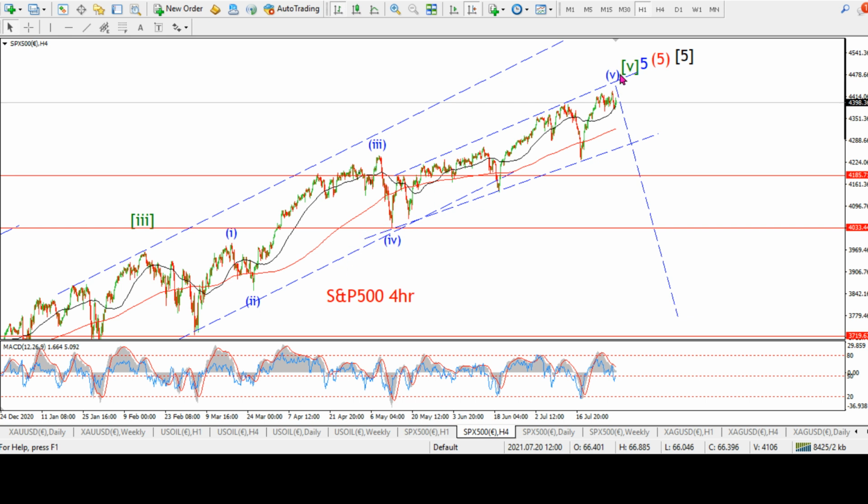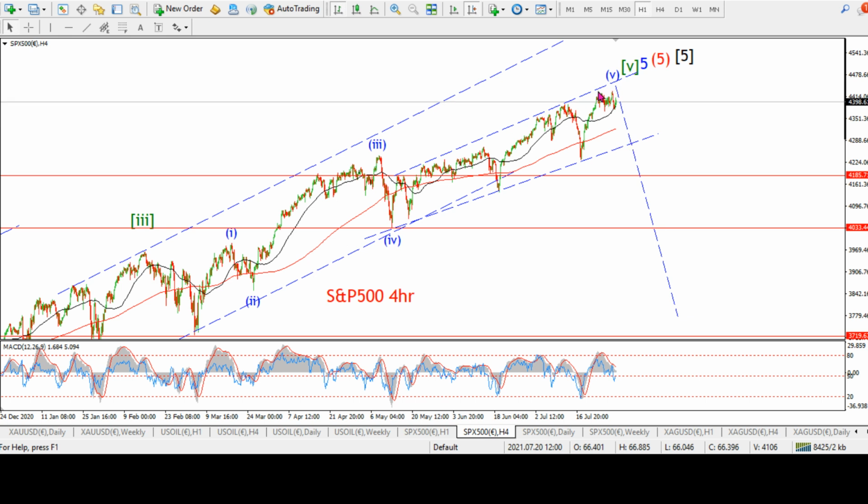If this is a 5-wave pattern here within wave 5, let's see how that would break out on the shorter term chart. It would be something like wave 1 and 2, then a very large wave 1, expanded flat wave 2, wave 3, 4, and 5, and then a very sharp wave 4. The recent decline would be a very sharp wave 4, and then we are facing wave 5 again today.